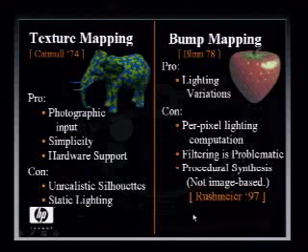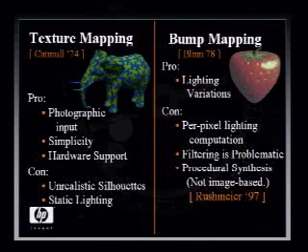So the difference between texture mapping and bump mapping, there are pros and cons of each. With bump mapping, you have a light variation, whereas the photographic input, simplicity, and hardware support are part of texture mapping. The con is you have unrealistic silhouettes on texture mapping and static light.